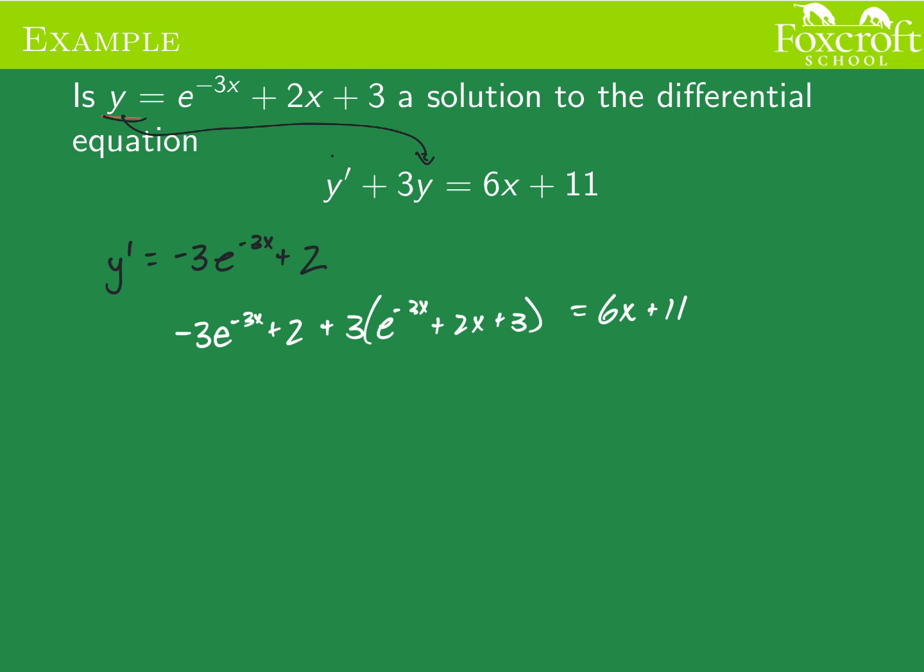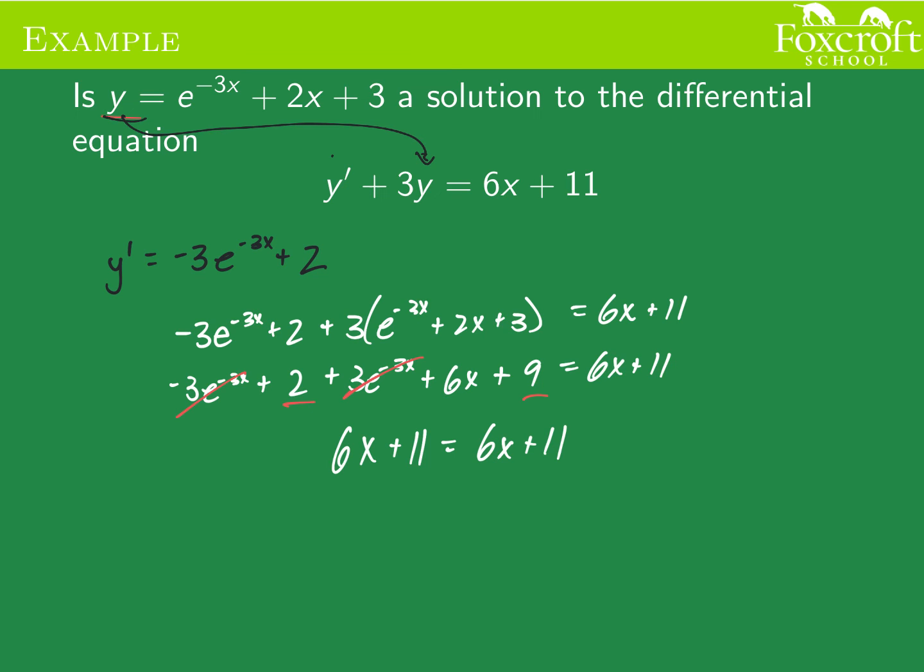The first thing I would do is distribute that positive 3. This negative 3 e to the negative 3x and the positive version are going to cancel out. I can combine those like terms. And you see this equation is definitely true. 6x plus 11 is definitely equal to 6x plus 11. So this was a solution.